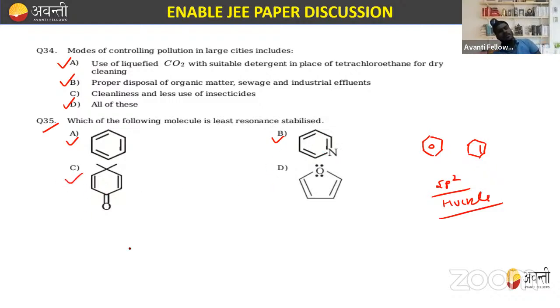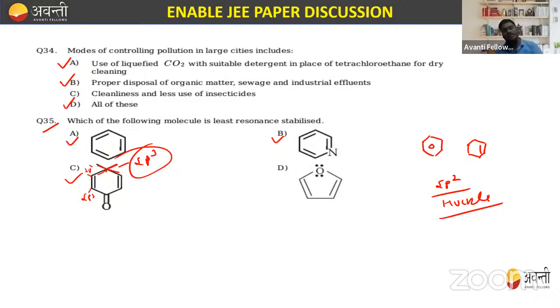If I'm talking about option C, this carbon is sp2, no issue. This is also sp2, no issue. But this carbon has one CH3 group, so it is sp3. So this is not aromatic in nature, and due to this it is the least stable.